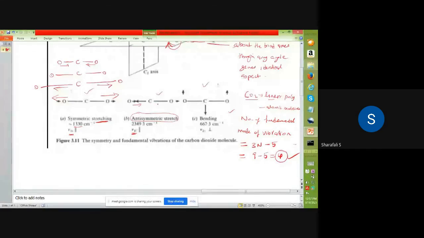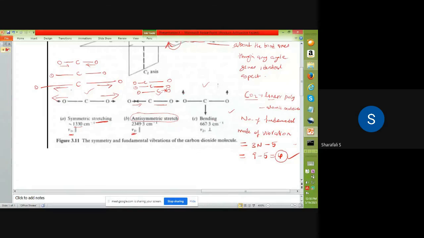So this oxygen will be going towards carbon, and this is the normal position. So this is asymmetric stretching, because on only one side it is increasing and on the other side it is decreasing.